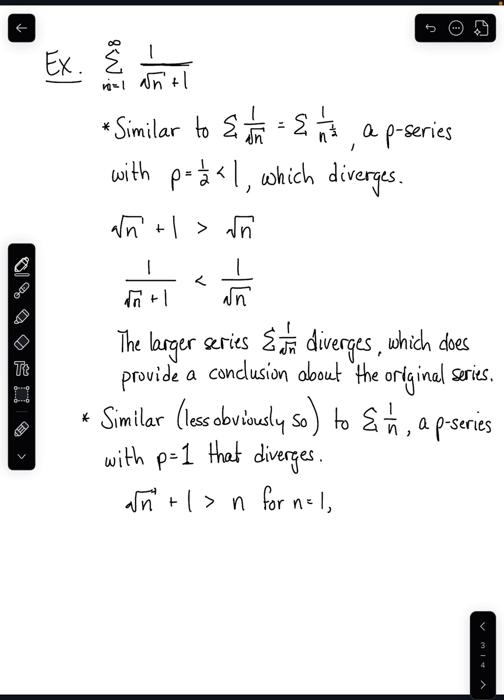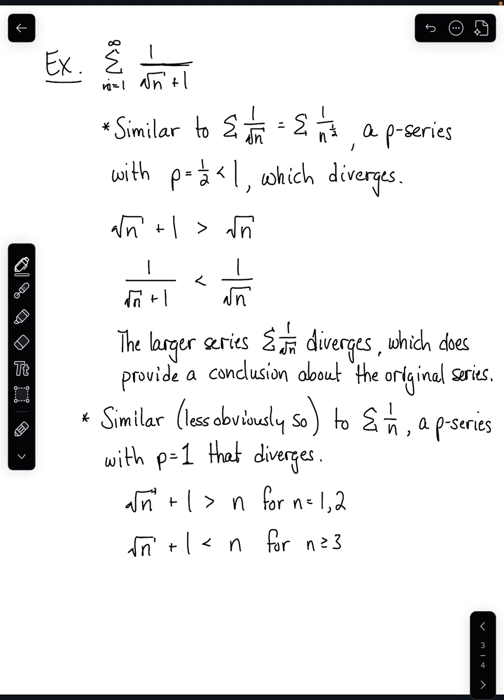When n is 2, the square root of 2 plus 1 is larger than 2. But when n equals 3, that's where the n starts taking over. So as long as n is greater than or equal to 3, then n is larger than the square root of n plus 1.